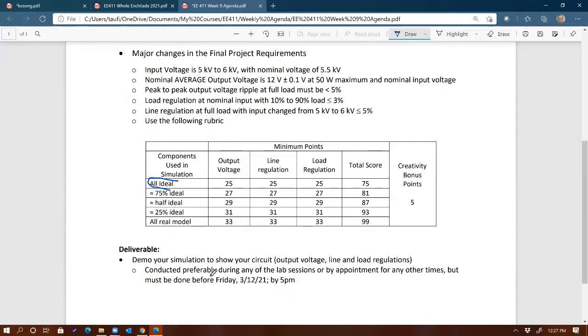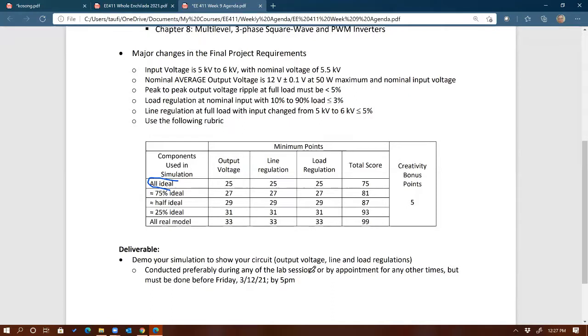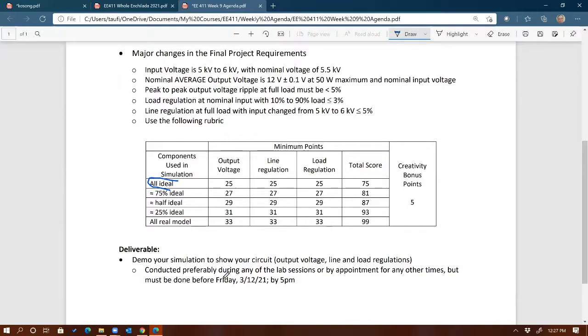I prefer you do the demo during lab sessions next week, or you could also do it outside of the lab sessions. But if you do that, you need to schedule an appointment with me, so we can schedule a time for you to demo your simulation. But these have to be done before the deadline, which is the Friday of next week, before 5 p.m.